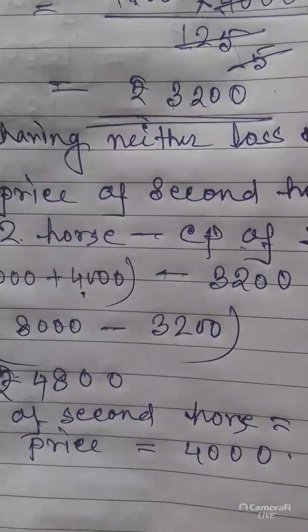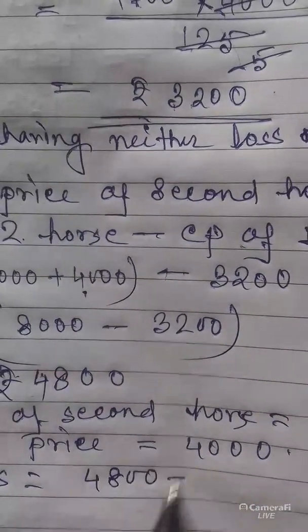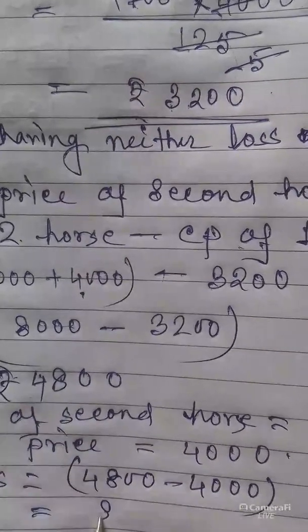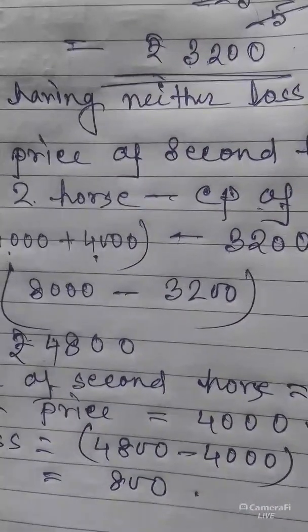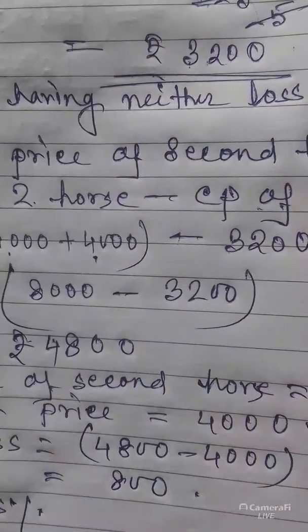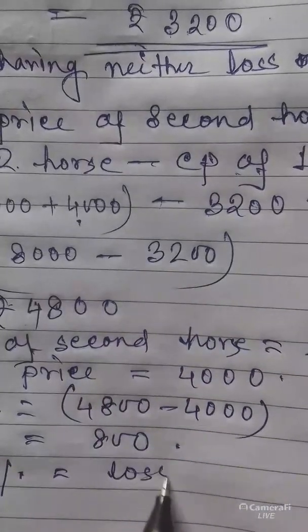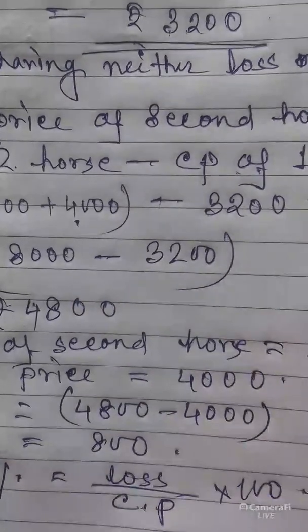Now loss equals 4,800 minus 4,000, which means 800. Therefore, loss percent equals loss by CP into 100.